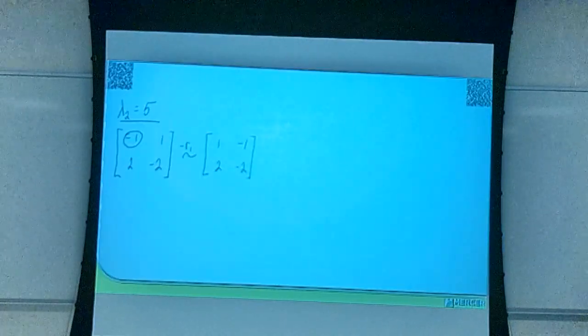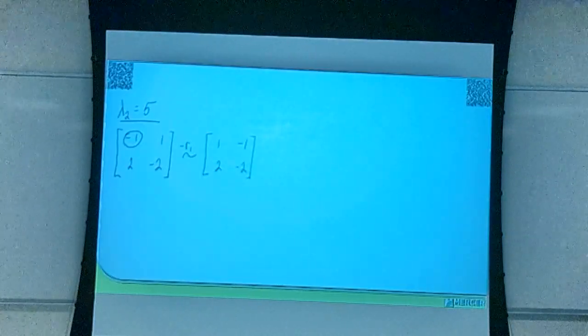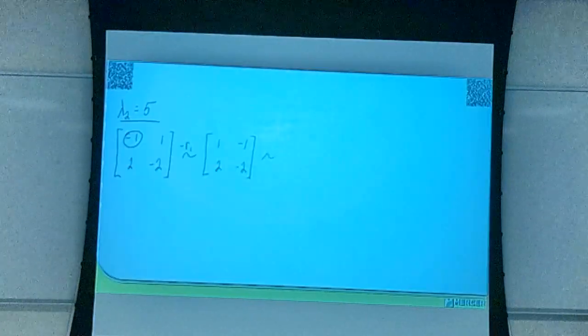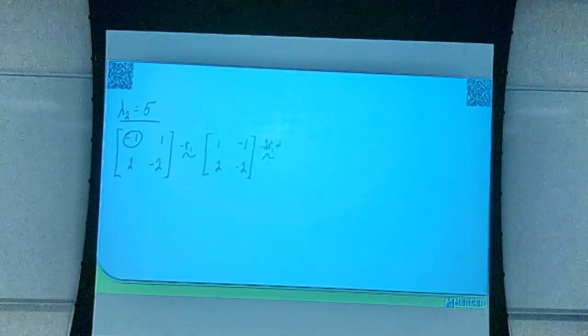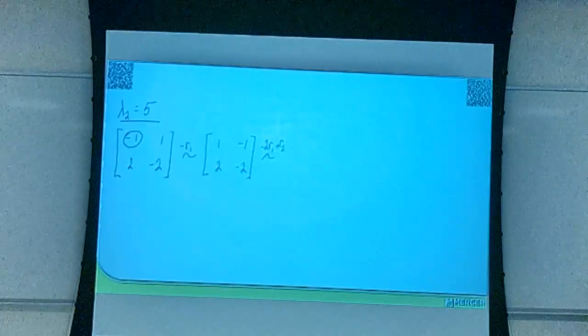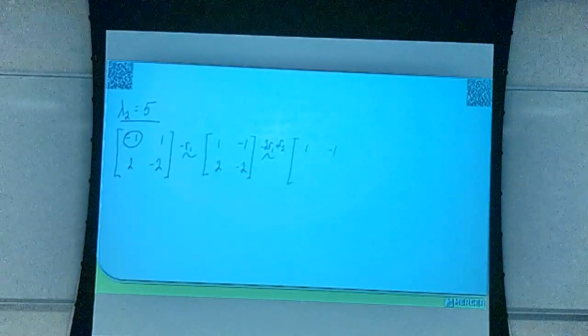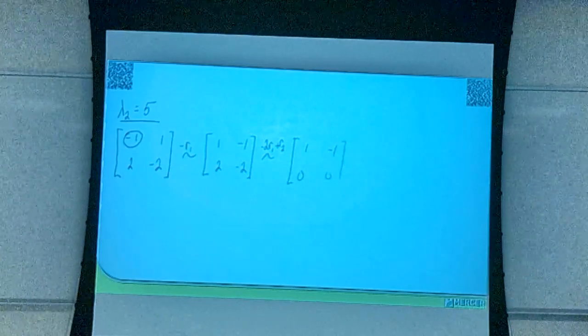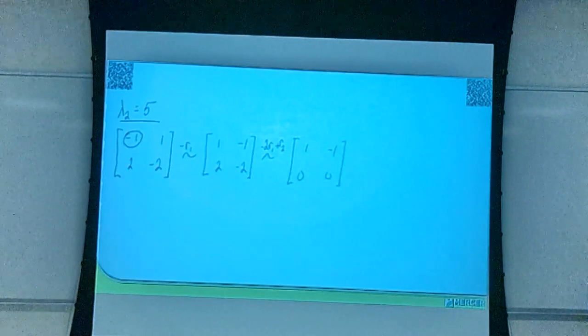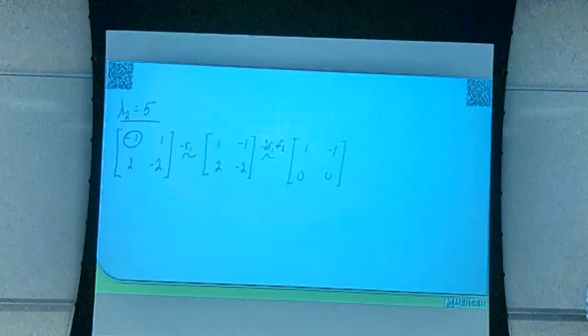Now you want to zero out what's below your pivot. Negative 2 row 1 plus row 2, right? That's now row reduced.